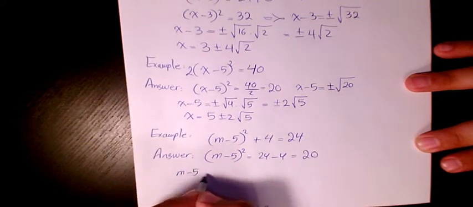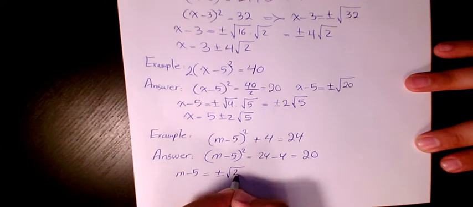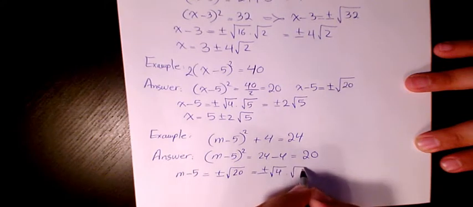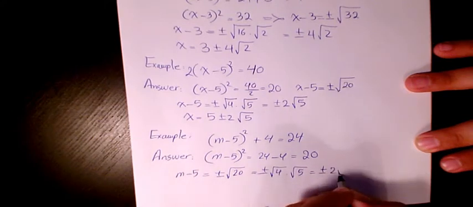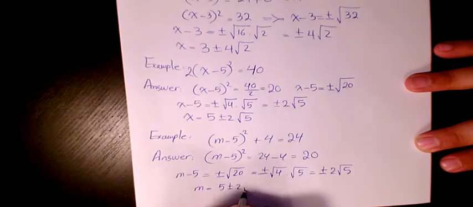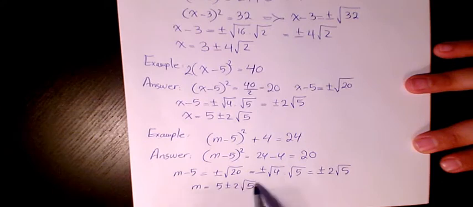M minus 5 is going to be plus minus square root of 20. Square root of 20 is root 4 times root 5, plus minus 2 root 5. And m will be 5 plus minus 2 root 5. These are the two possible answers: 5 plus 2 root 5 and 5 minus 2 root 5.